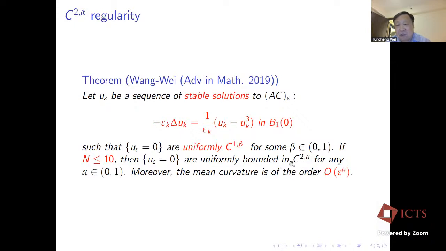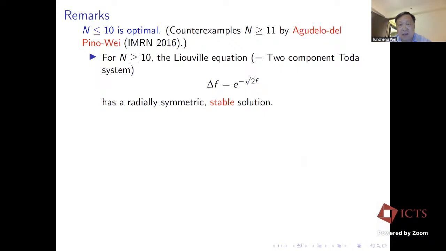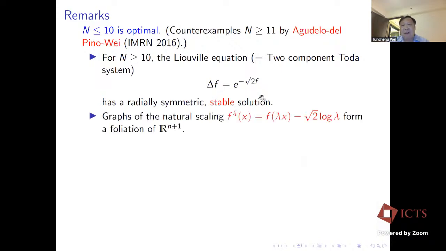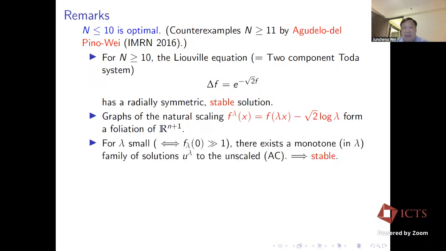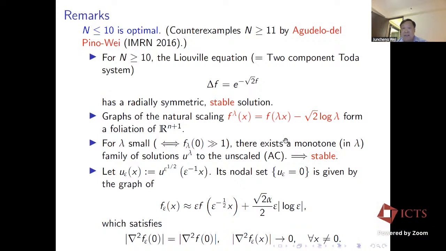How is this local condition related to the null, the Toda system? If we take a solution to the null and do some rescaling, for a small number, we show that there is a two-layer solution which is stable. And it turns out that the existence of this two-layer solution implies that you don't have the theta alpha estimate.